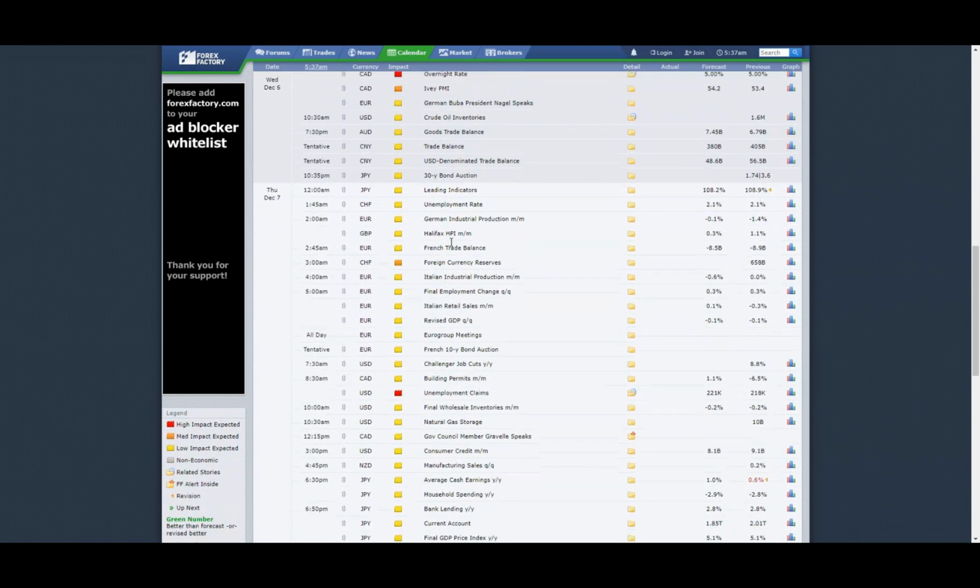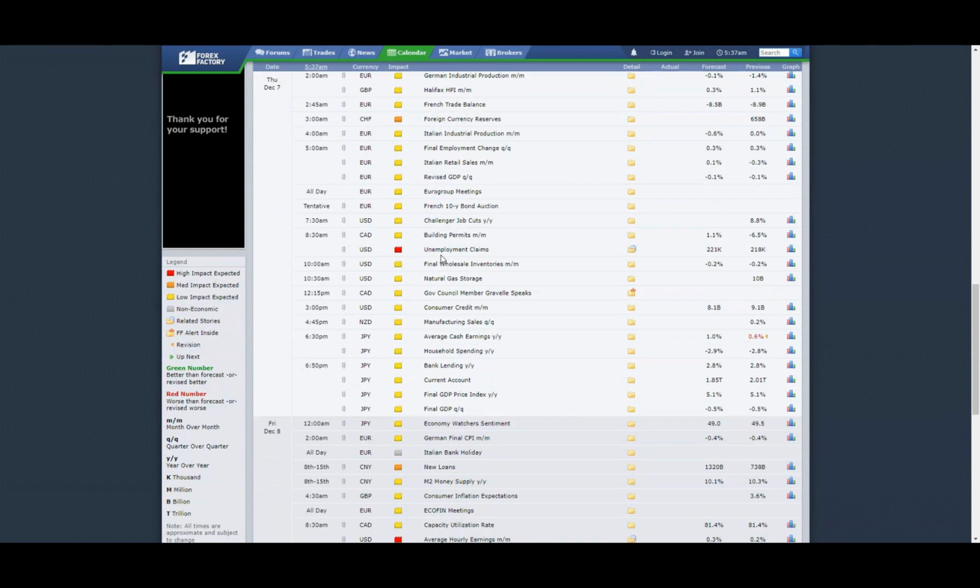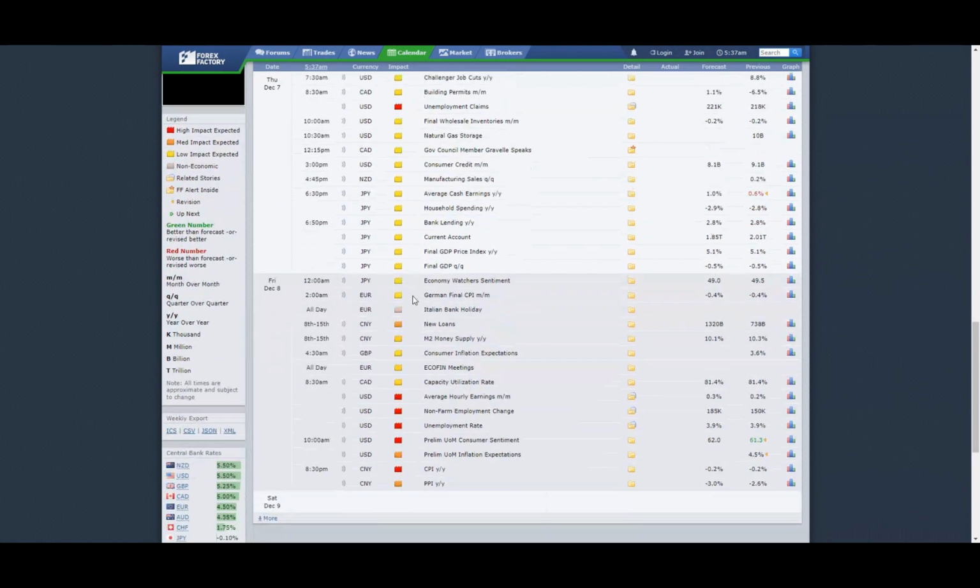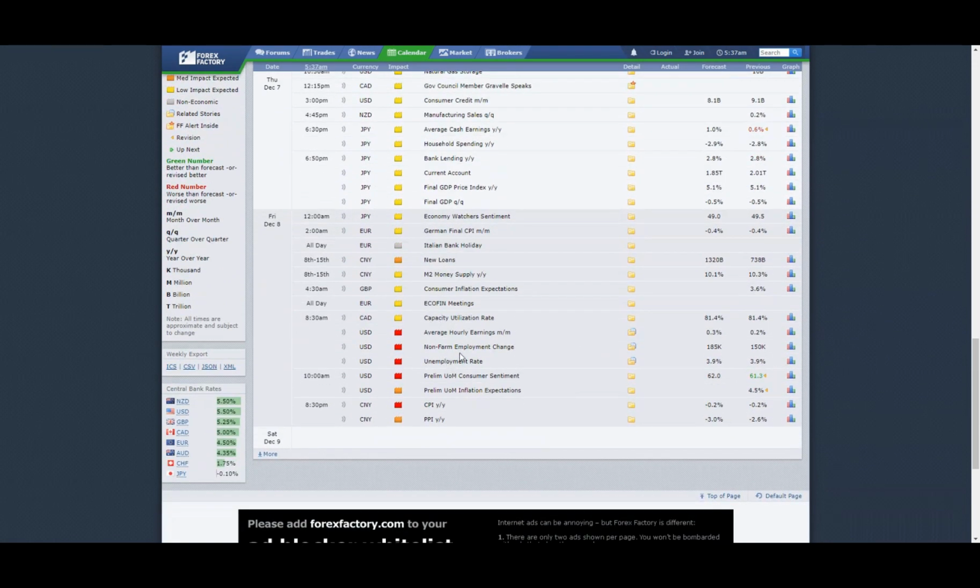And then all the way down, you can look at the unemployment claims on Thursday, and then Friday it's non-farm payrolls. That's every first Friday of the month.